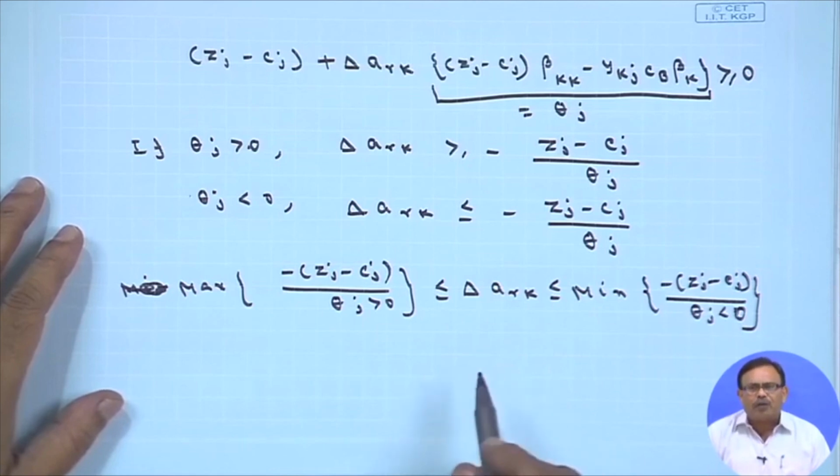So, basically what we have seen is that for the coefficient matrix A, if there is a change or variation, the feasibility and the optimality may change.